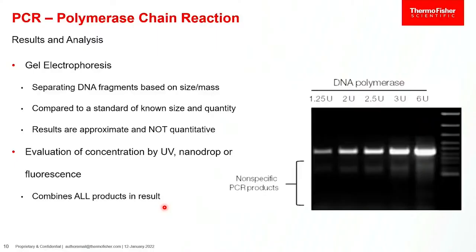So when you are designing primers, there is a lot of work you have to do to make sure you're actually making what you think you're making. There's also variation in the melting temperature that we choose. If things are too similar, you can make a little bit of something else.